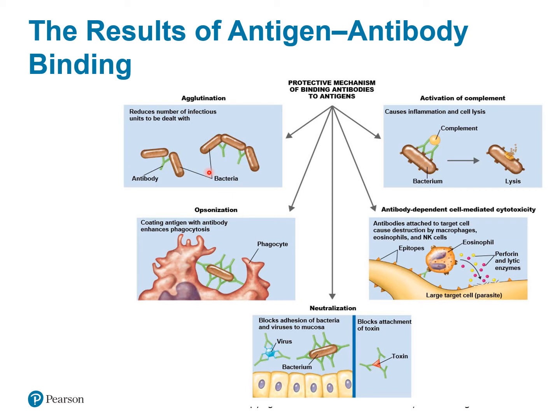Another way for antibodies to attack, other than clumping and causing agglutination, is that they can bind to the surface of the bacteria, but again, that's not going to kill it. When those antibodies bind to the surface of the bacteria, that helps activate a certain protein known as the complement protein.